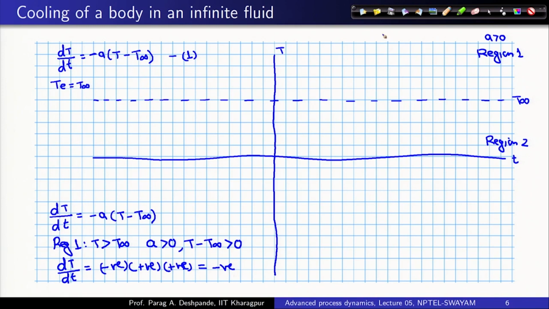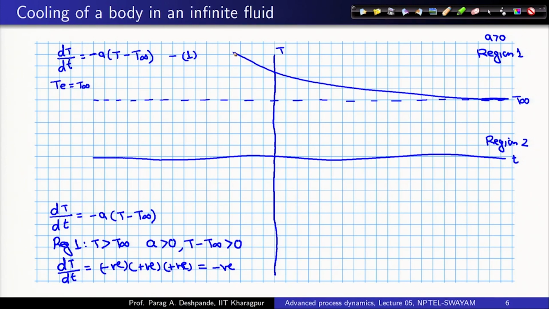Therefore, in this region the gradient is going to be negative. Now, imagine that you have to draw curves in this region such that the gradient of the curve is always negative, but you have to end up at the equilibrium solution, because this is the long term behavior. How will you draw the curve? Well, you can draw the curve like this. This is one of the curves.